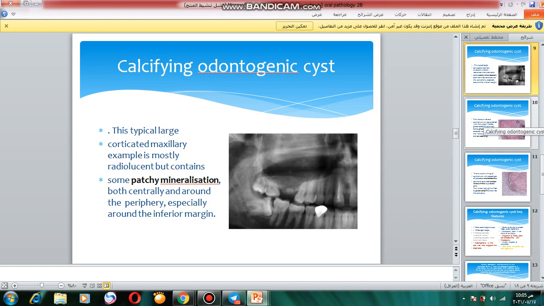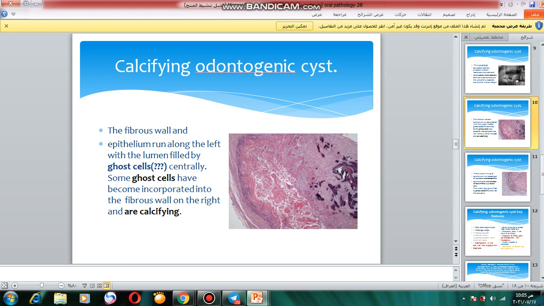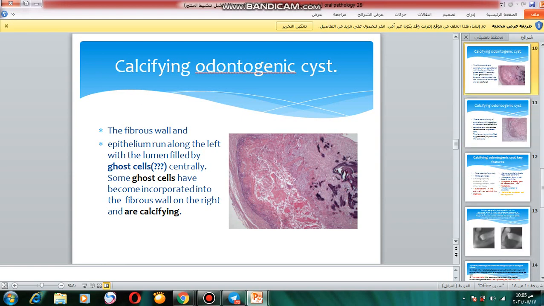Slide number 10. Histopathological feature of calcifying odontogenic cyst. There is something called ghost cells. We said ghost cells are cells that have no nucleus. This is the pathognomonic feature of calcifying odontogenic cyst.